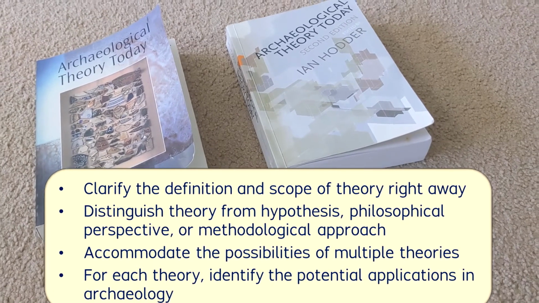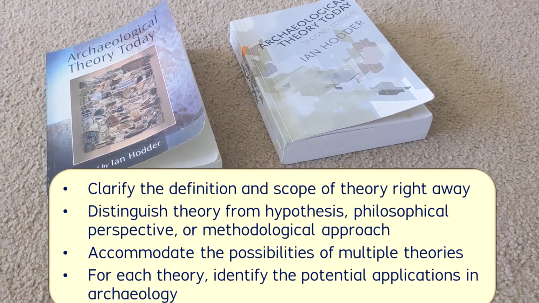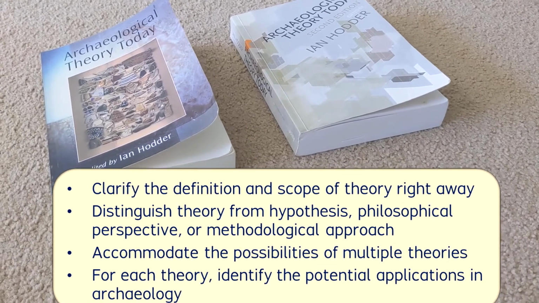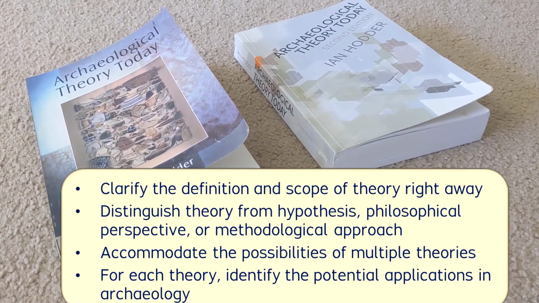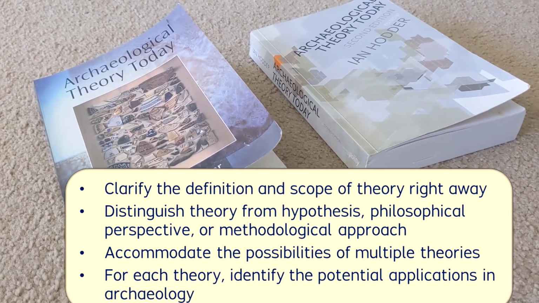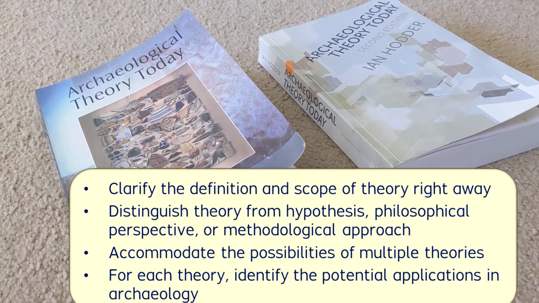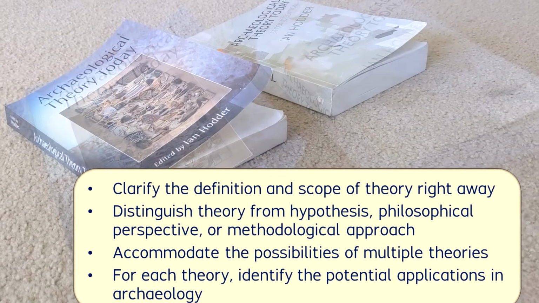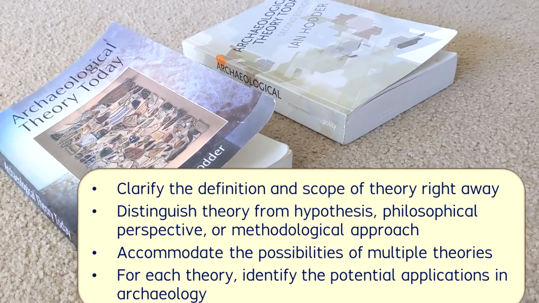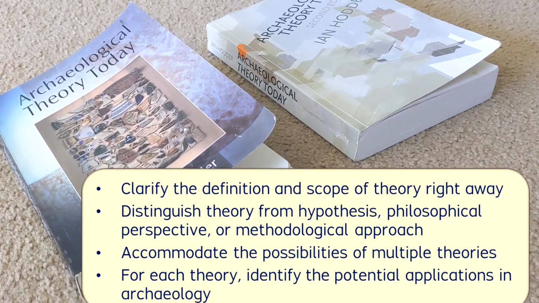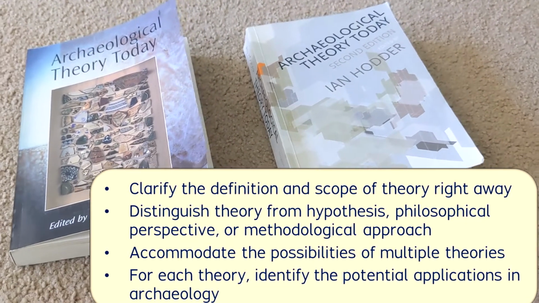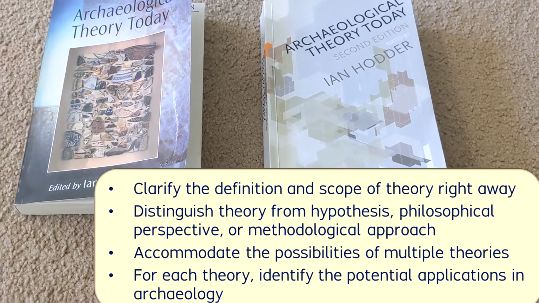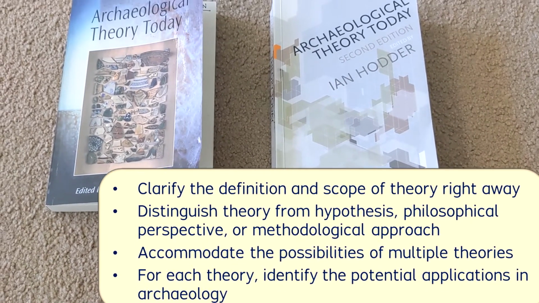Awkwardly, this clarification is missing in the introductory chapter of Archaeological Theory Today, and readers would need to look elsewhere for this information. Often, in everyday language, people use the word theory rather loosely without clearly distinguishing a theory from a hypothesis, a philosophical perspective, or sometimes a methodological approach.